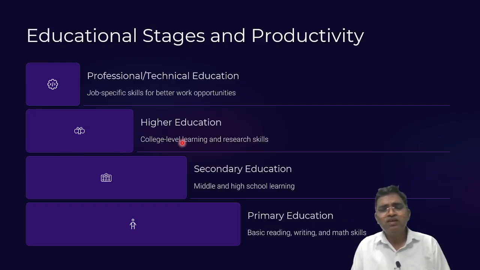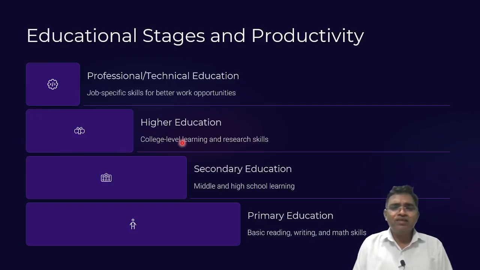Primary education: we learn reading, writing, and mathematics, etc., LSRW. Then secondary education, middle and high school learning: math, science, social. And higher education, which is college level, where some specialized things are learned.